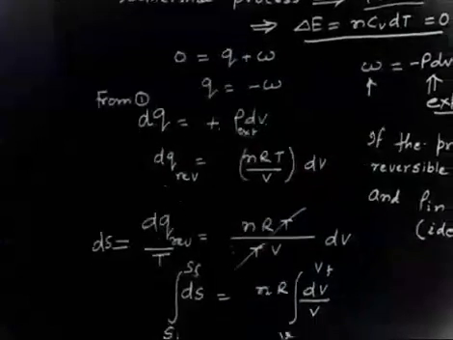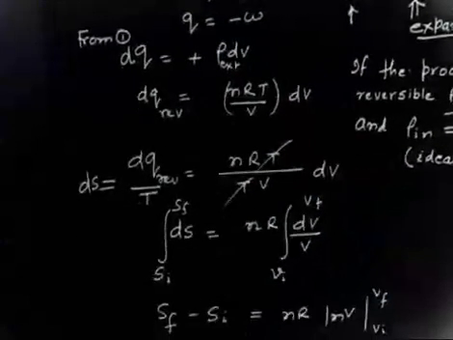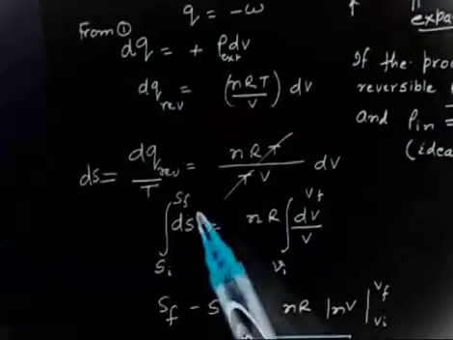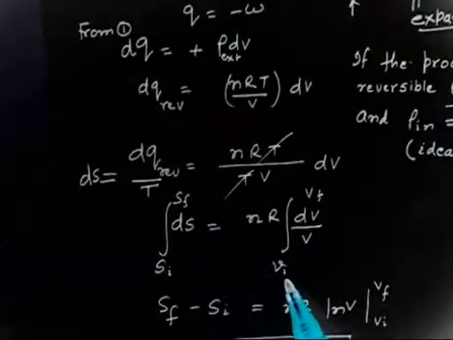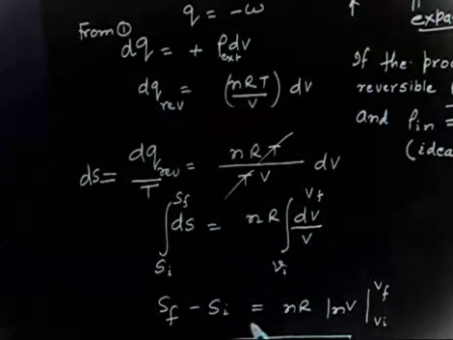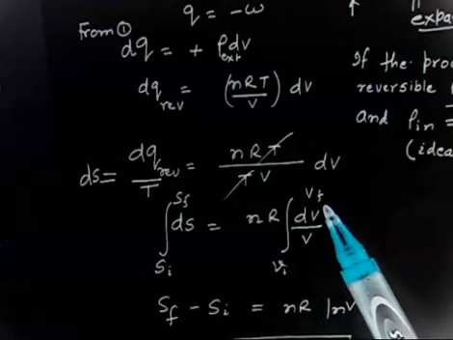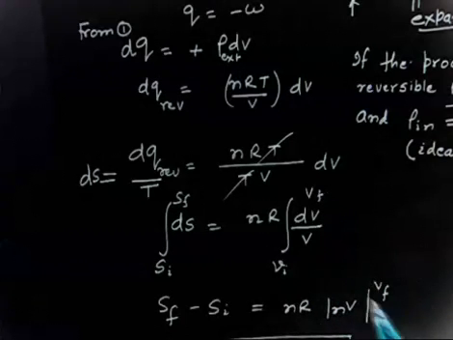Now if you integrate this dS from initial entropy Si to final entropy Sf, and initial volume to final volume, this will become Sf minus Si equals nR ln V, so nR ln Vf minus ln Vi.